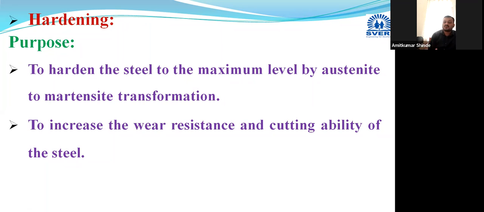Okay, as at room temperature, martensite is present. Carbon will be present in the form of martensite, hence it will give you highest possible hardness along with very good wear resistance, and also it will provide you improved cutting ability in that particular steel.